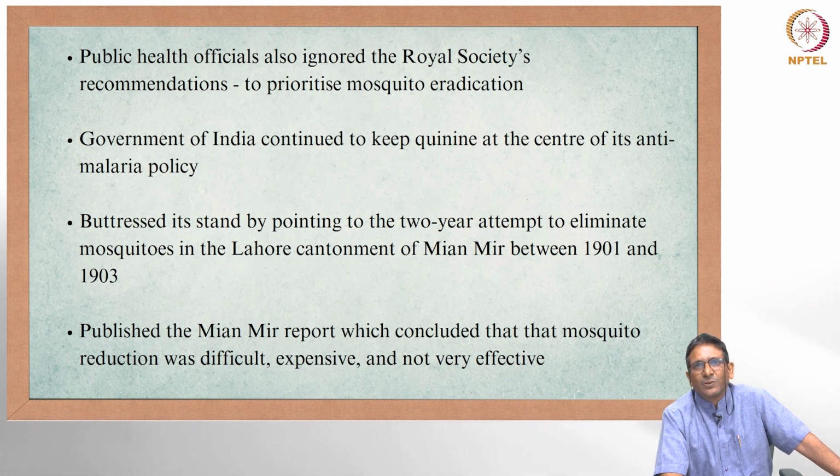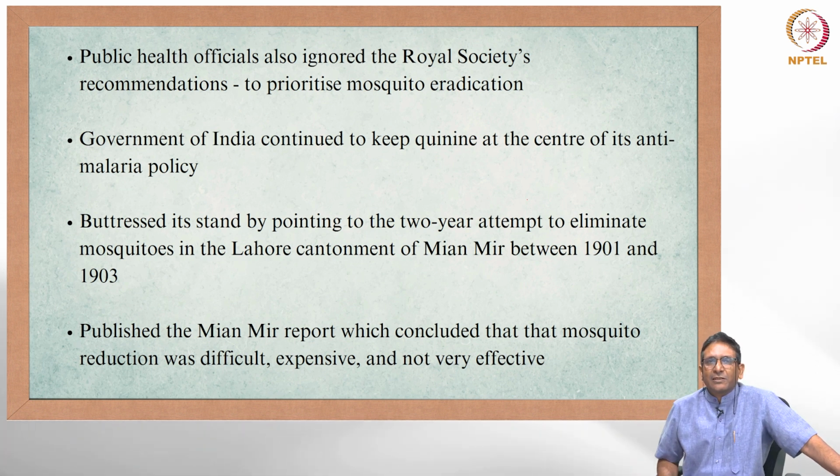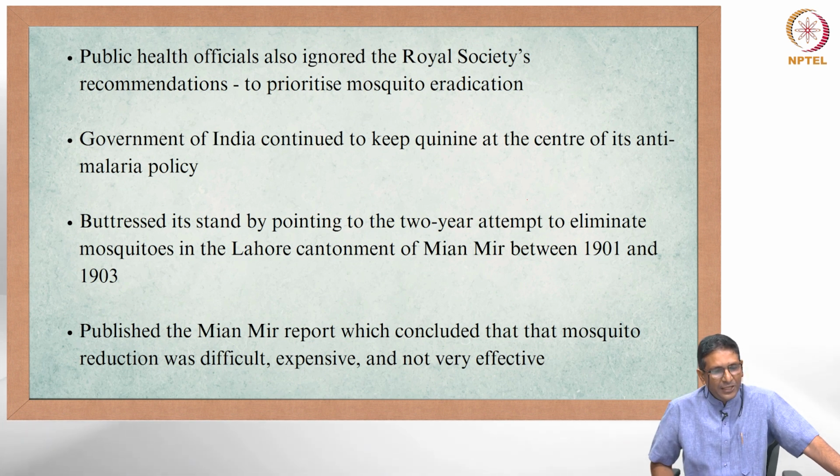The Royal Society was also skeptical about the quinine approach and wanted mosquito eradication given greater priority, but that was ignored, and the government of India continued to keep quinine at the center of its anti-malaria policy.